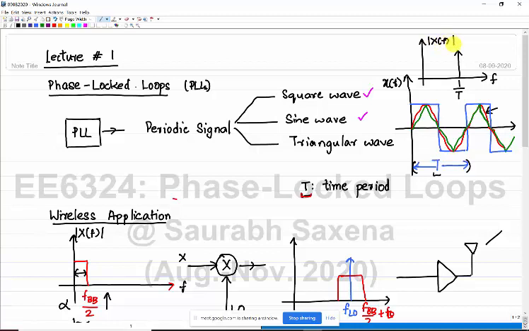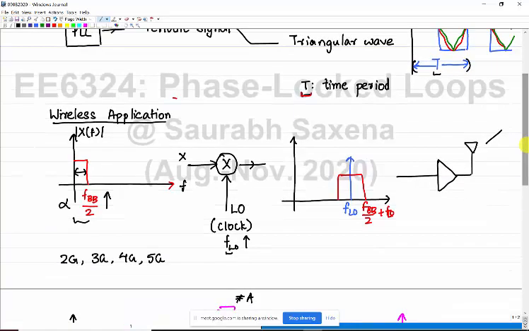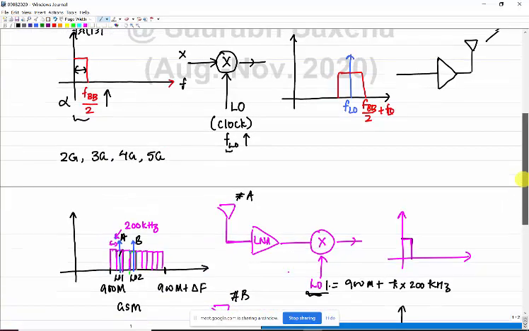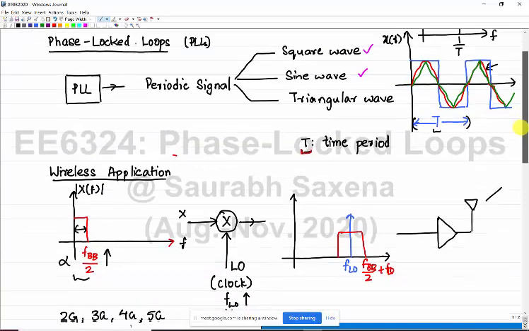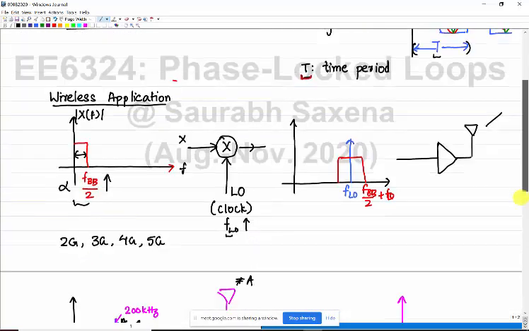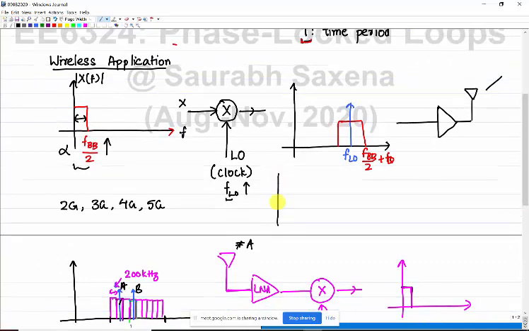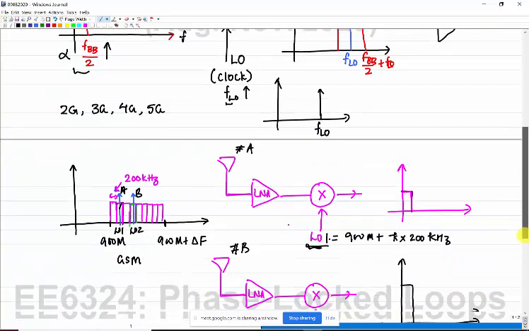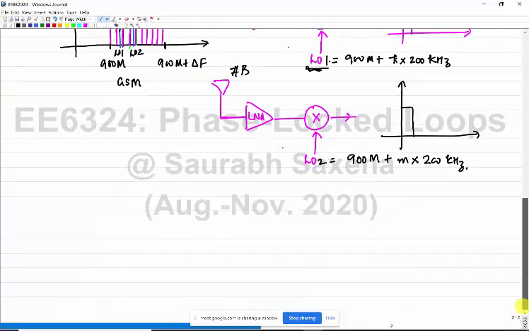Okay, so when we mix in time domain, you can use all the maths to tell you that the spectrum of this clock at a certain LO frequency is going to be just one single frequency, and when you mix it, you get such kind of modulation. And if you have even a slight curiosity, how do you get it?